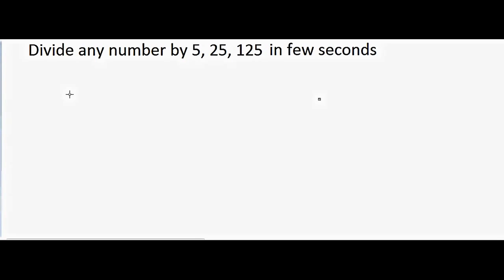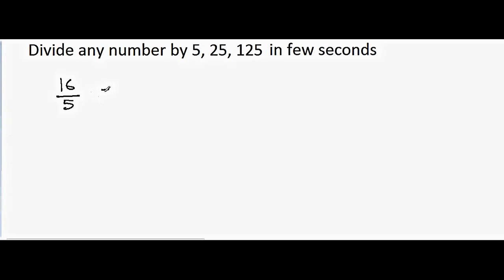So how does the trick work? For example, suppose I have the number 16 and I want to divide it by 5. Usually if you try to divide this, you have to use some math, and it can take you some time, and some people even like to use a calculator for it.